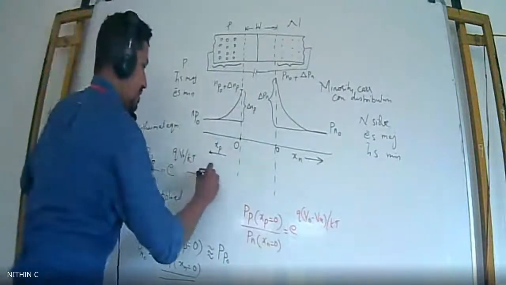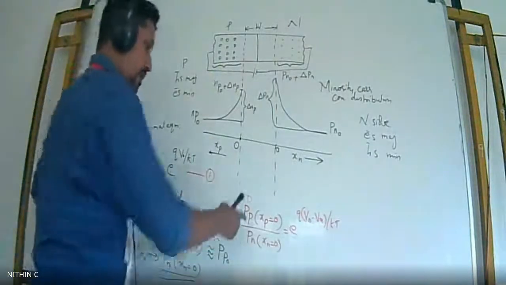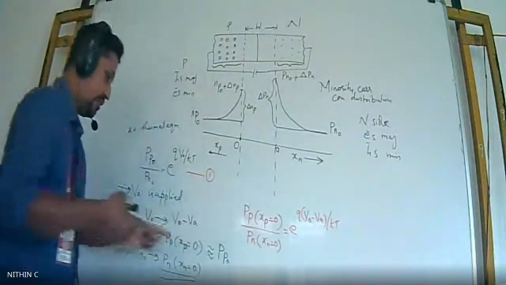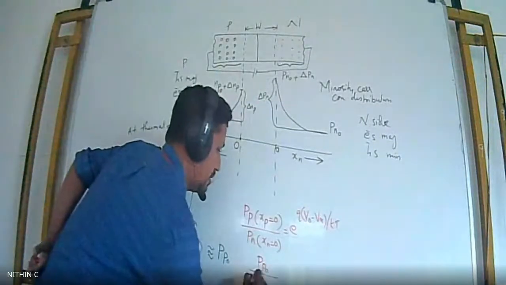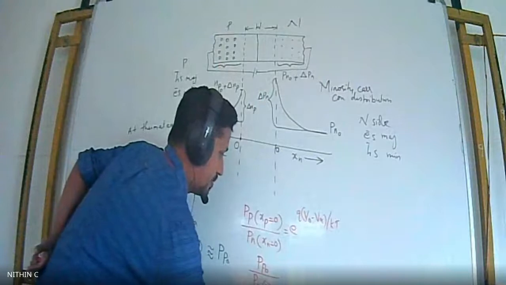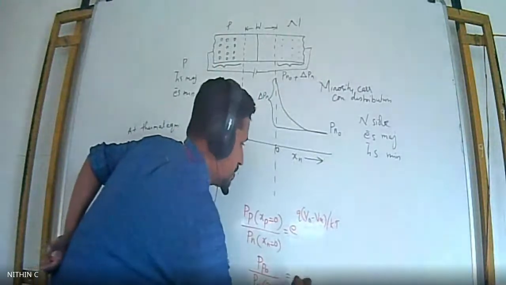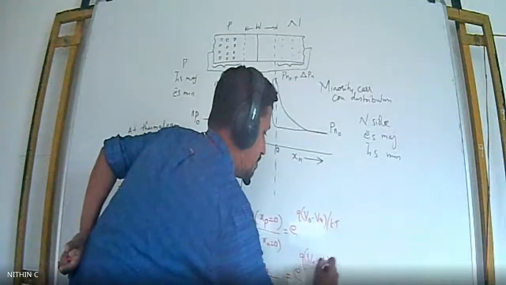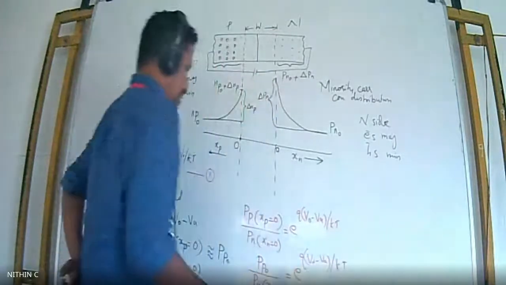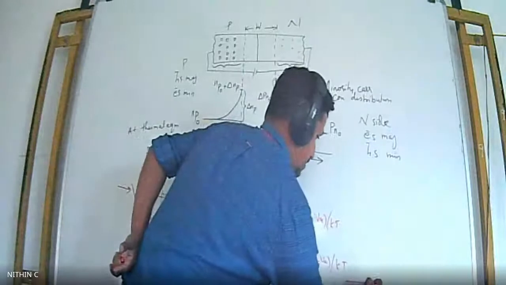This expression I am giving as equation 1. Pp(xp=0) can again be written as Pp0. So I am changing it as Pp0 by Pn(xn=0) equals e raised to q(V0 minus VA) by kT. This equation I am giving as equation number 2.